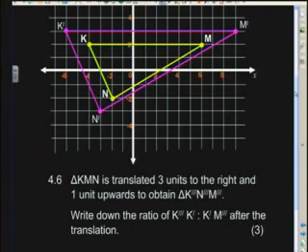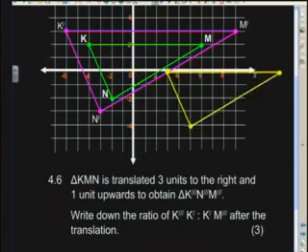So we've got this triangle KMN. It's translated 3 units to the right. From where it is, we're going to move it 3 units right. So count with me: 1, 2, 3.